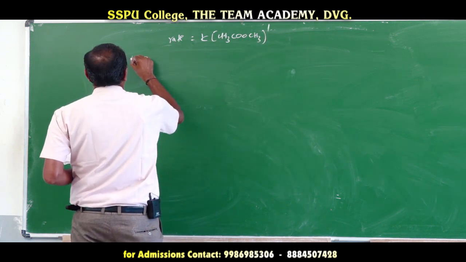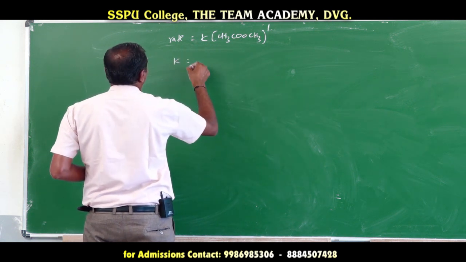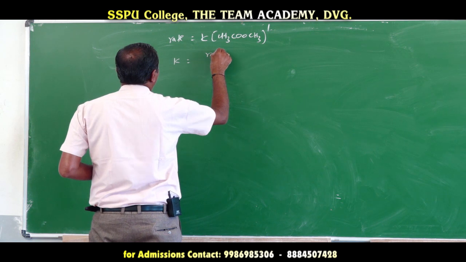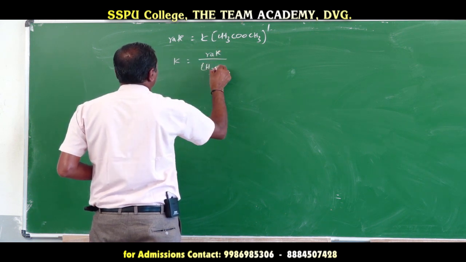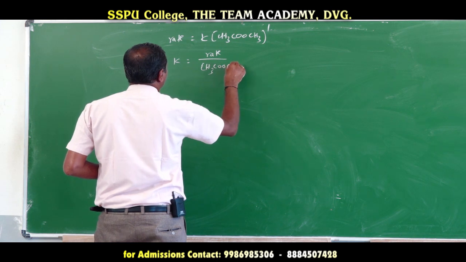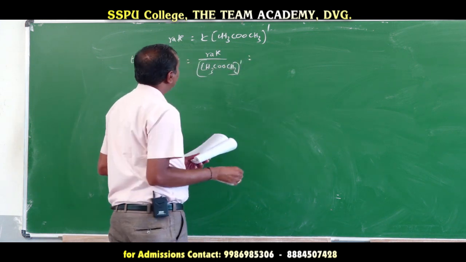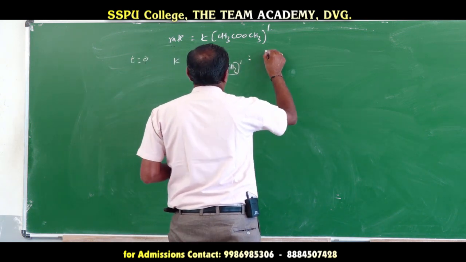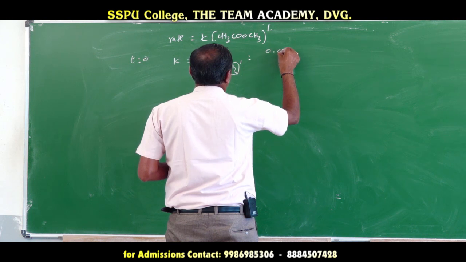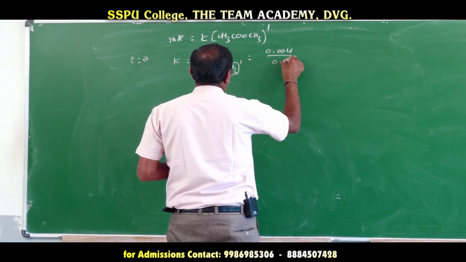So when T is 0, we calculated K equals rate divided by CH3COOCH3 to the power 1. The rate is 0.004, concentration is 0.55.